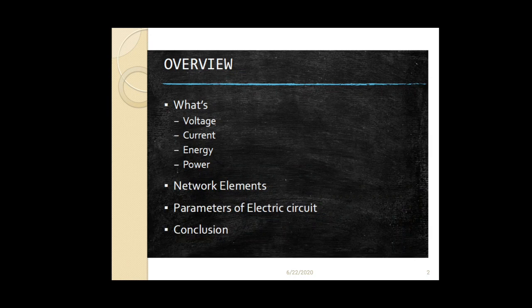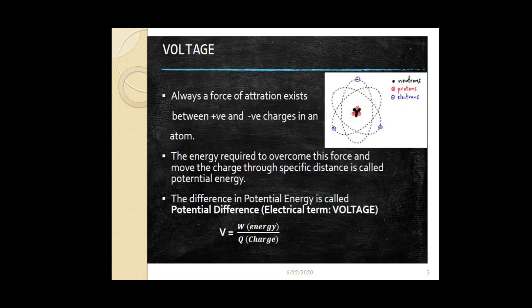The first parameter is voltage. The potential difference in electrical terminology is known as voltage, and it is denoted by V. It is expressed in terms of energy per unit charge.